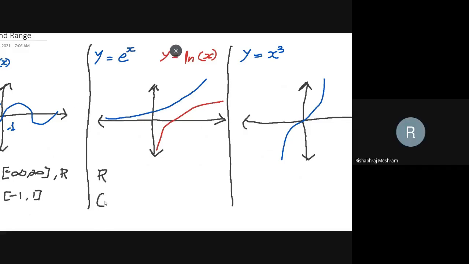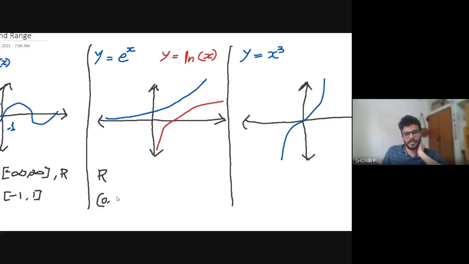Sorry, open bracket infinity. I'm not sure of this notation, but I think it should be fine.